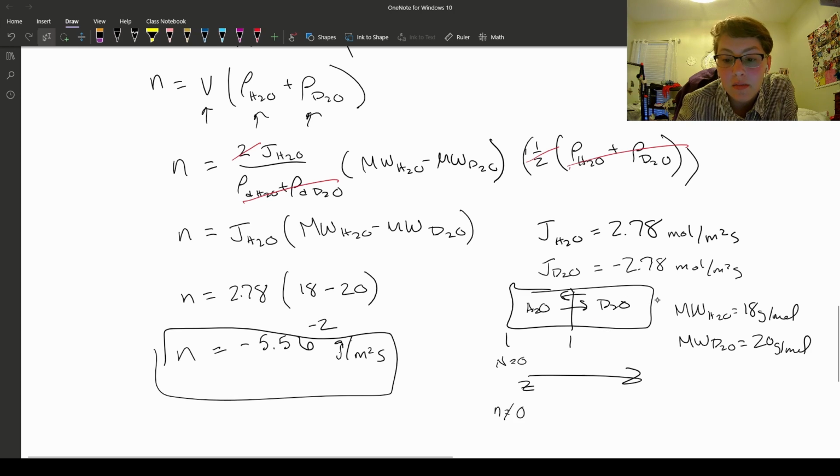Since we know that D2O is a more massive material per mole, and we also know that it's moving in the negative z direction, we look at this and we say, well, yeah, the total mass flux will most likely be negative, since we have the same number of moles of material mixing, but a heavier, more massive material on the right moving to the left in the negative z direction. So a negative total mass flux would make sense.